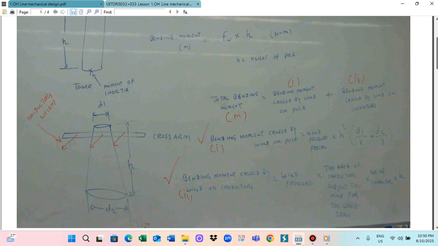Then we can calculate the stress in the conductor. Another will be the maximum fiber stress.